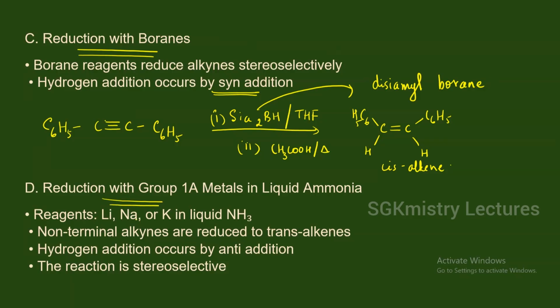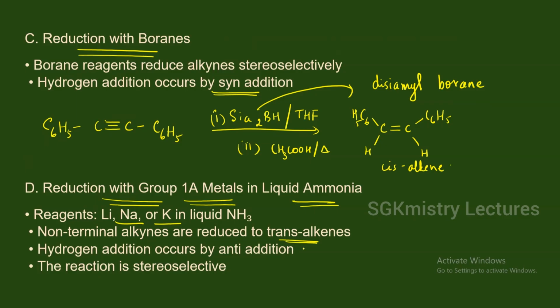Again, reduction can also be carried out by making use of group 1A metals in the presence of liquid ammonia. Non-terminal alkynes react with a solution of group 1A metals such as lithium, or even sodium or potassium, in liquid ammonia. Here you should remember we are going to get the trans alkene as the product.